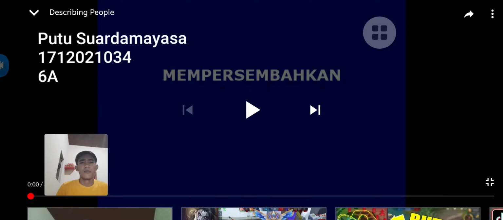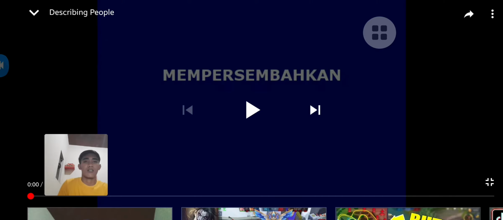There are some steps in teaching using discovery learning. The first is stimulation, the second is problem statement, next is data collection, data processing, verification or proof, and also generalization or conclusion by the student.